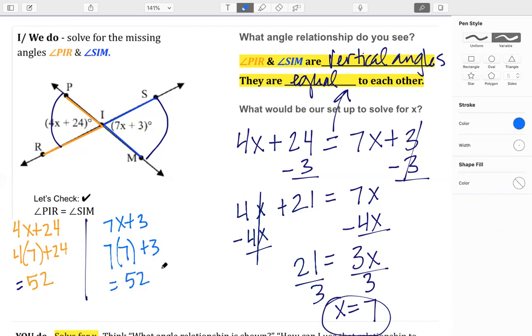So again, this verifies. So when we have 52 is equal to 52, this verifies that the left and the right are equal. And this verifies what we said before, that vertical angles are equal. So this side is equal to 52 and this side is also equal to 52. So this verifies our conjecture about the vertical angles.